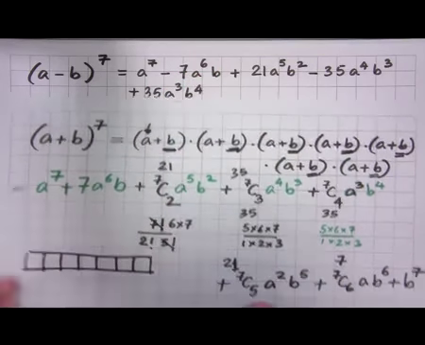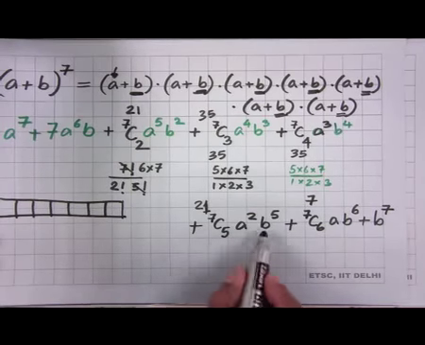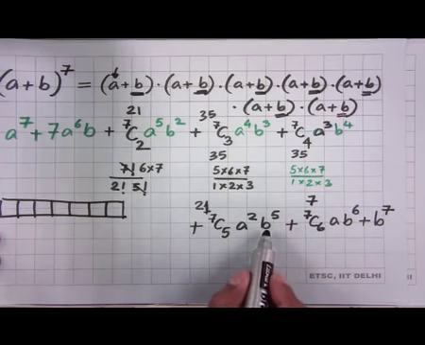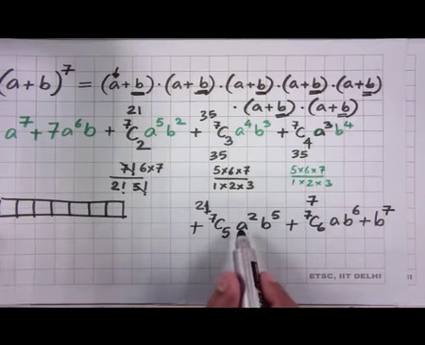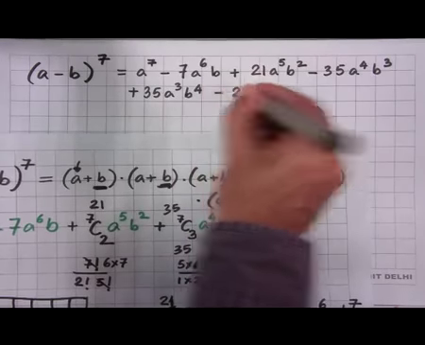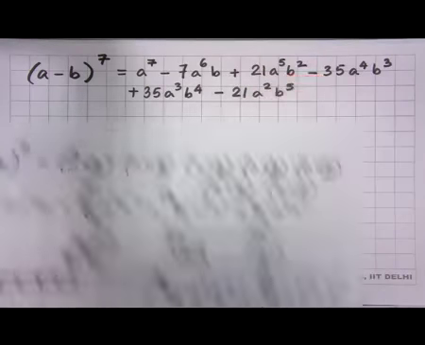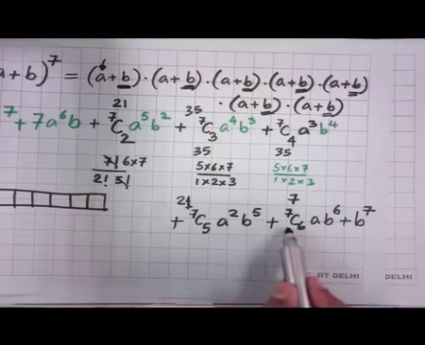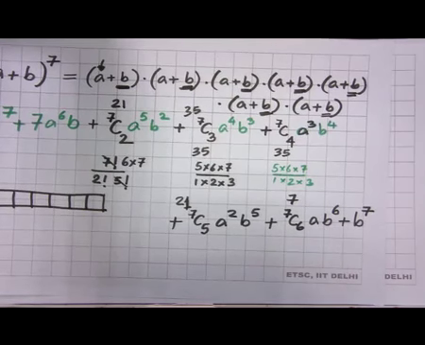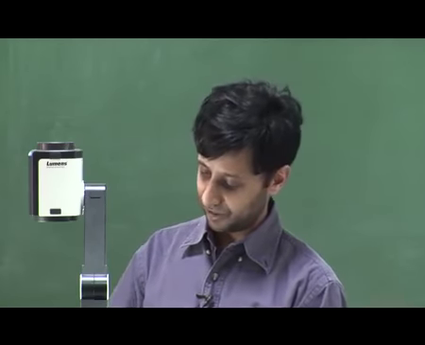And then next you have 21 times a squared b power 5. What is this going to be? This is going to be minus 21 a squared b power 5. And then you had 7 times a times b power 6, you replace b with minus b, you still end up with b power 6.